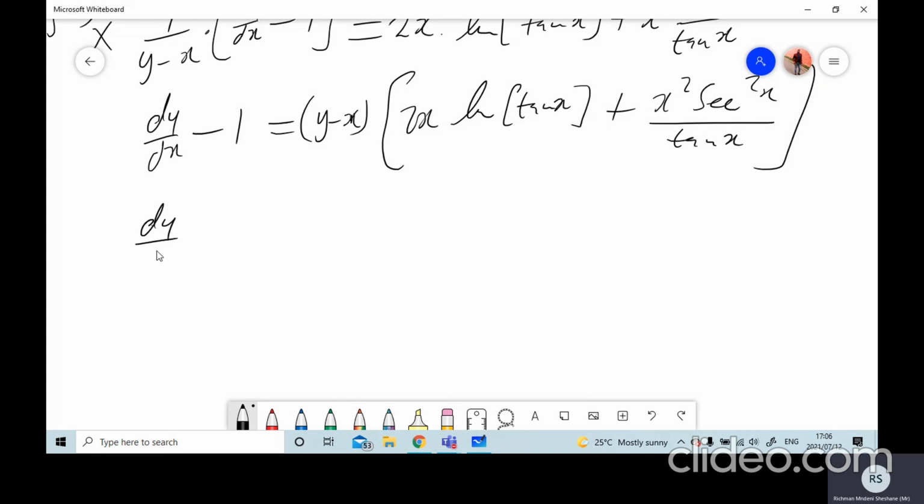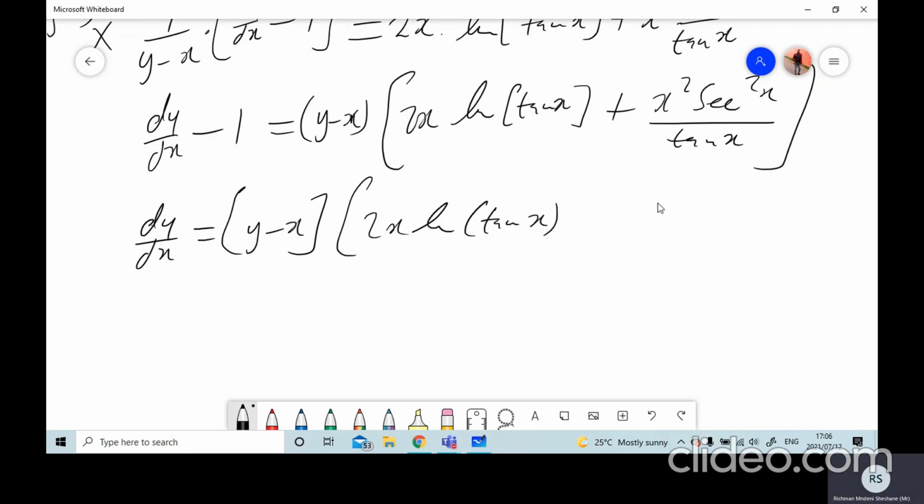So dy dx will be y minus x multiplied by 2x ln of tan x plus x squared sec squared x over tan x, and then we transpose the minus 1, so it will change sign to be plus 1.